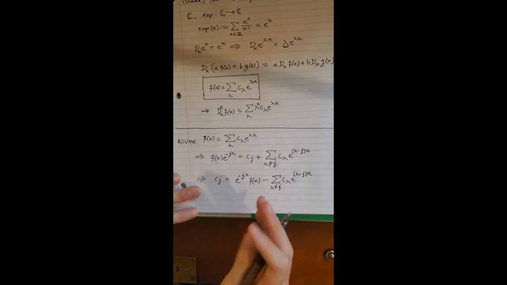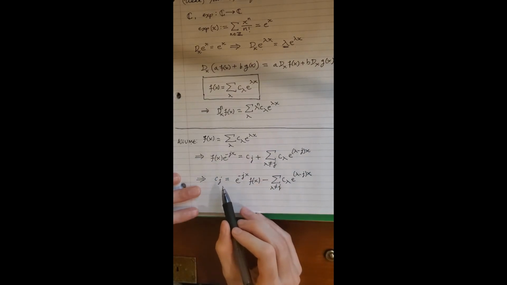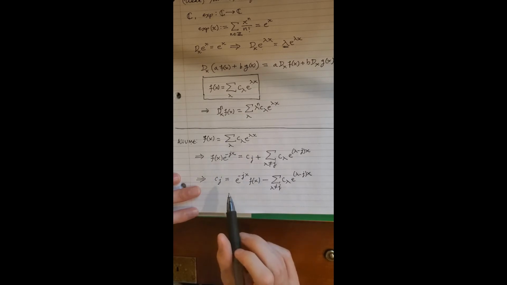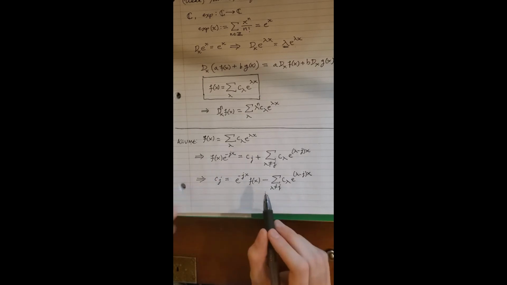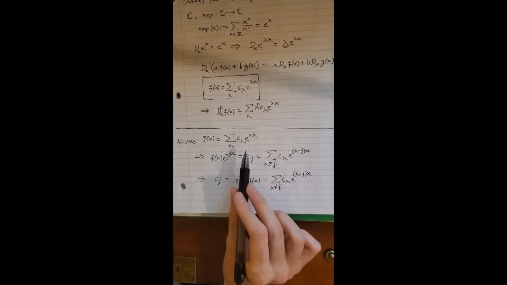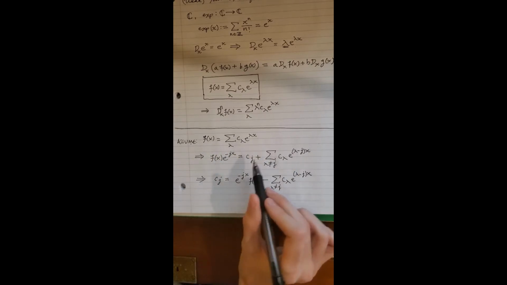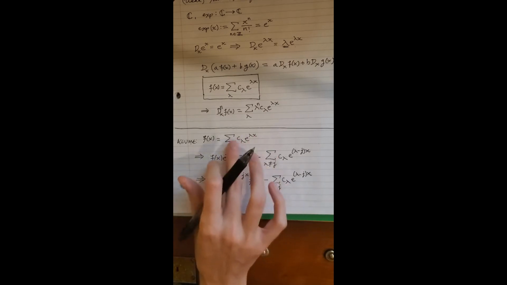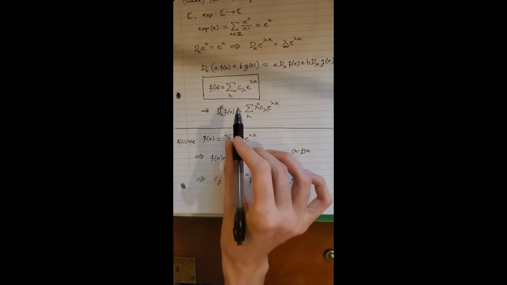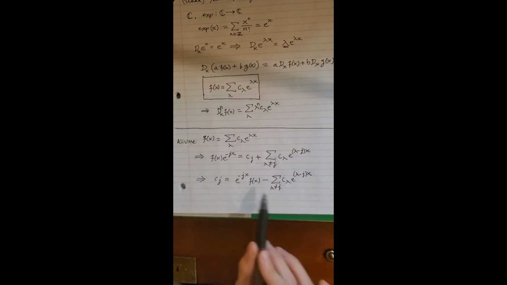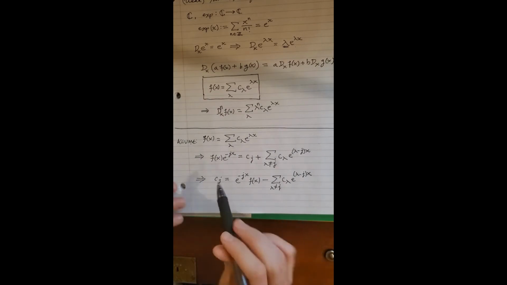Maybe this was not what you expected to happen, but this is valid. It's true. I mean, all we did was multiply by e to the negative jx on both sides and subtract this sum, assuming that it converges, right? So we have this.